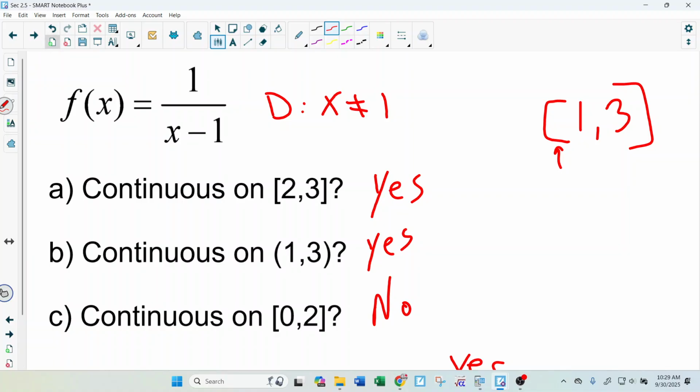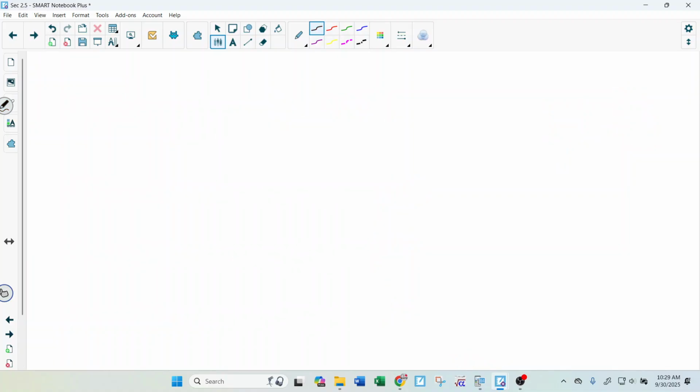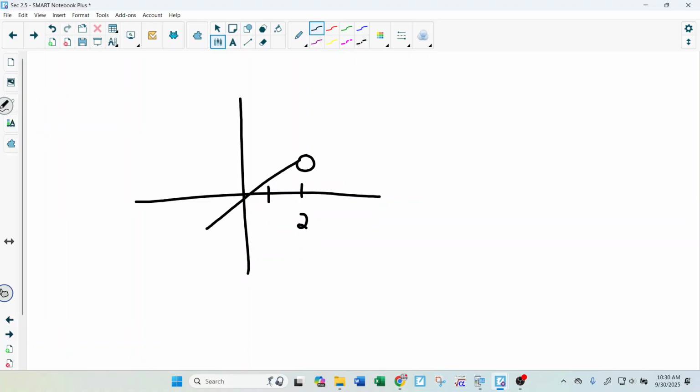Now, if you have something like this, is that a continuous function? Is it continuous at every number in its domain? Is 2 in the domain?